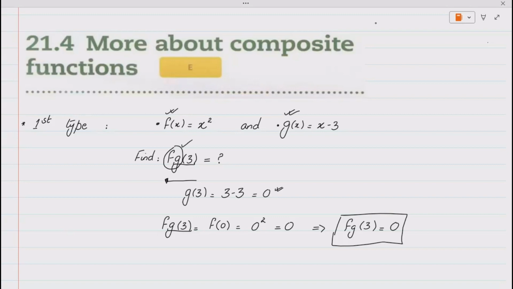So this tells you that you have to do a composition. So f of g, and you have to do this composition for 3. The way to do it is to read it from right to left, find g of 3 first, then put it in f and find finally f of g of 3. So this is the first type of question that can occur.